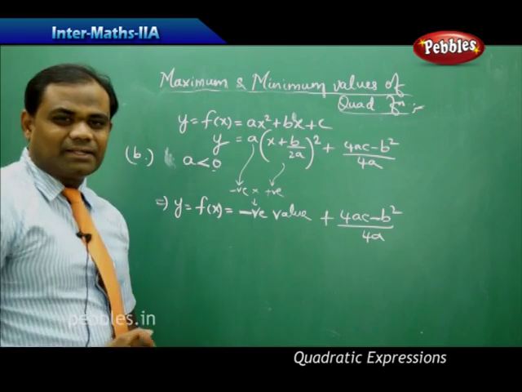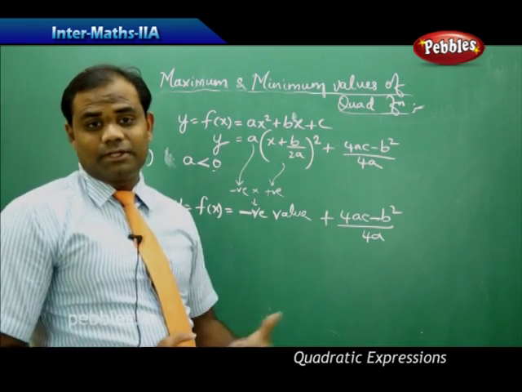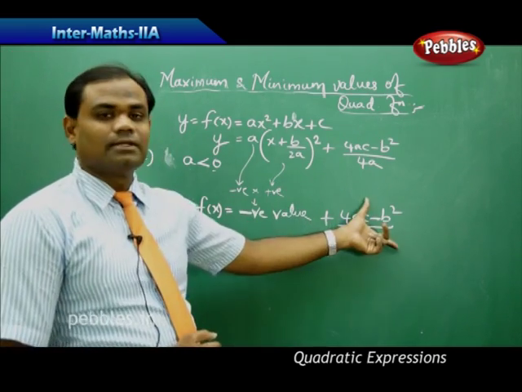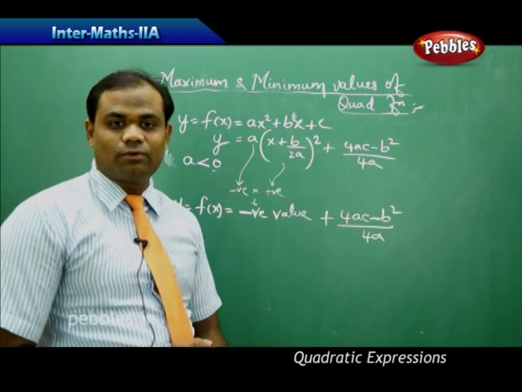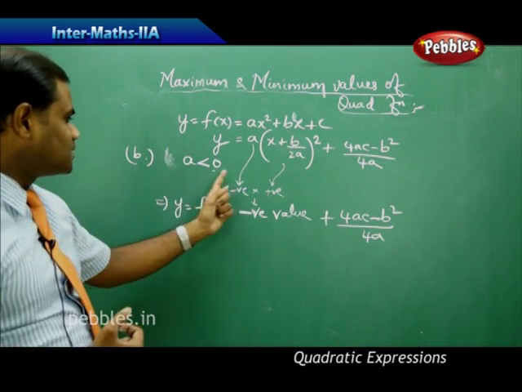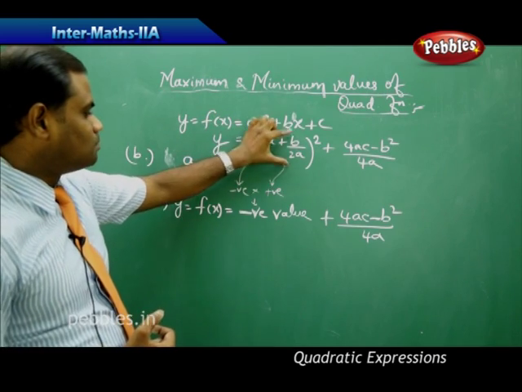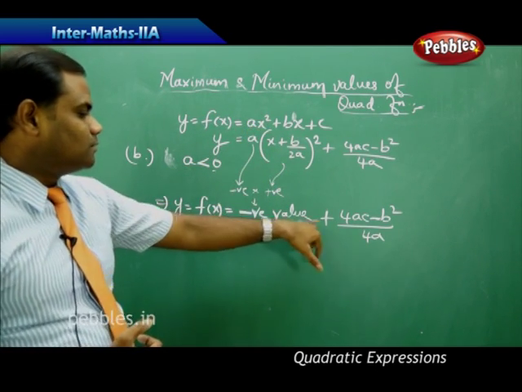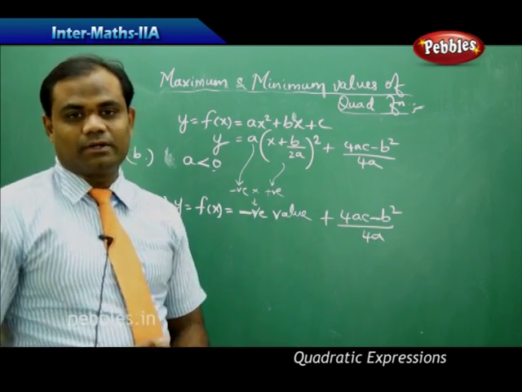So here I clearly understand that unlike part A of the theorem, where I got a positive value plus the fixed (4ac minus b squared) by 4a, in this case of a less than 0, I have negative into positive, which is a negative value plus (4ac minus b squared) by 4a.